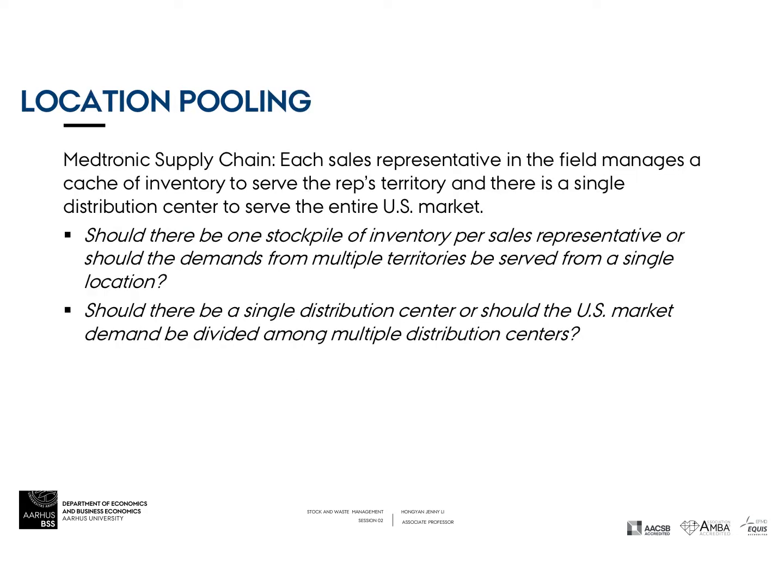So we continue to use the Medtronic case. This medical product producer uses multiple sales representatives in the field and manages a cache of inventory. A cache of inventory is a quantity of inventory to serve the representative's territory, and there is a single distribution center to serve the entire U.S. market.